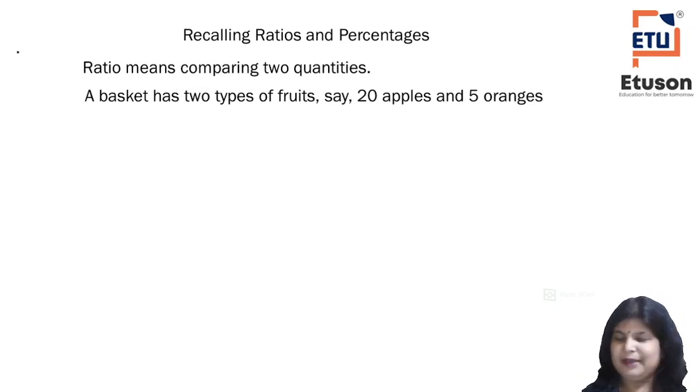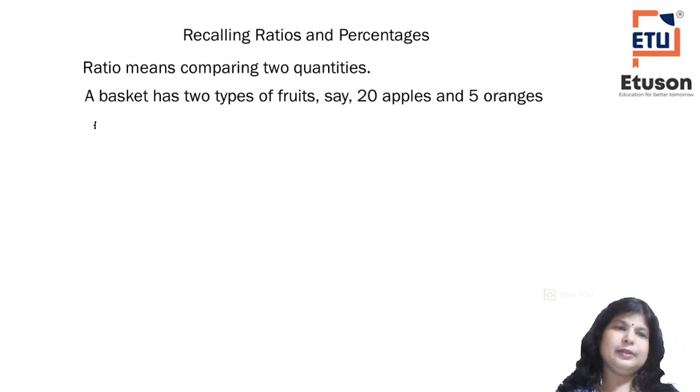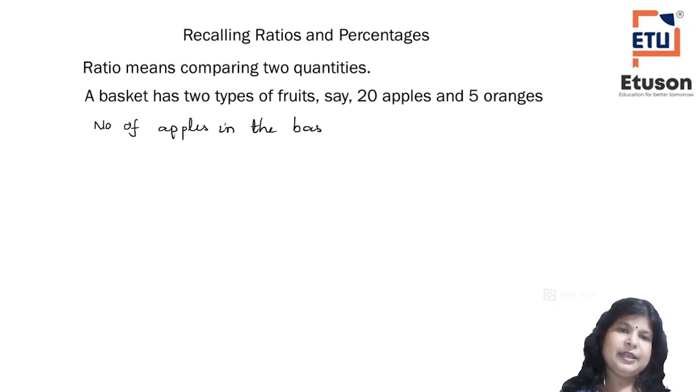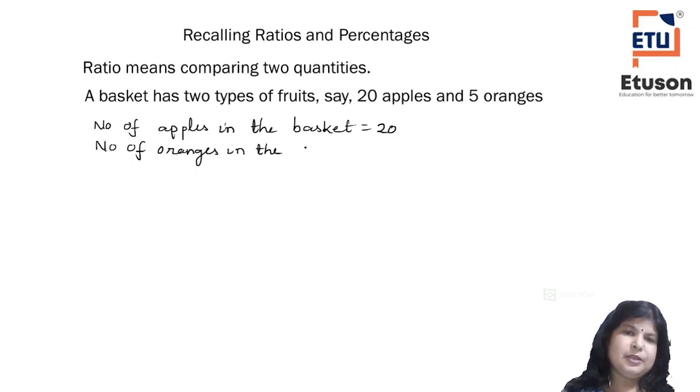First I will write that the number of apples in the basket is equal to how many? It is 20, right? The number of oranges in the basket, as given in the statement, is equal to 5.